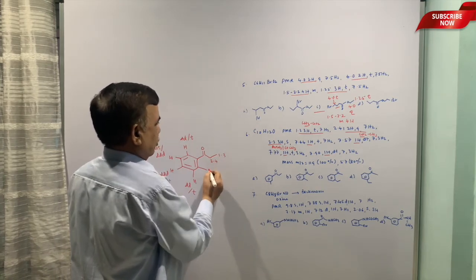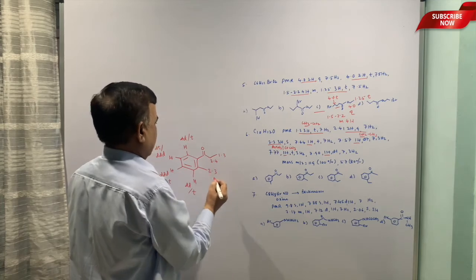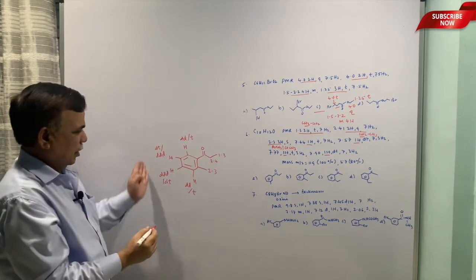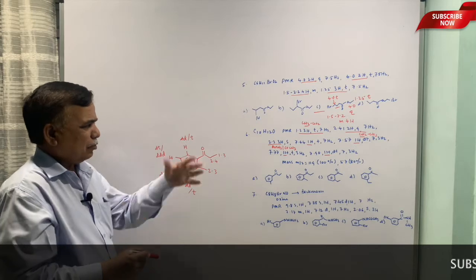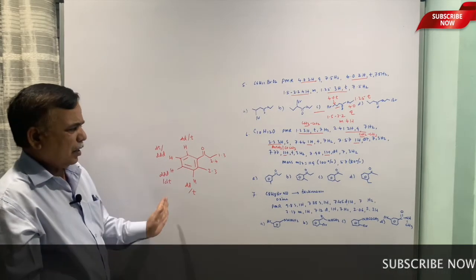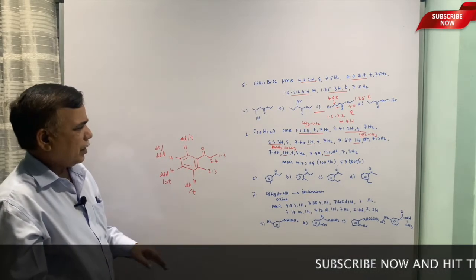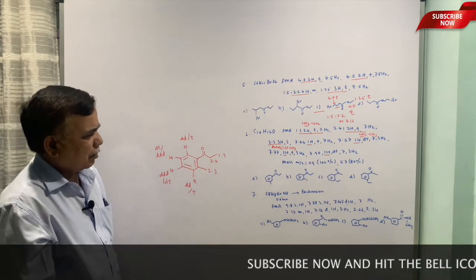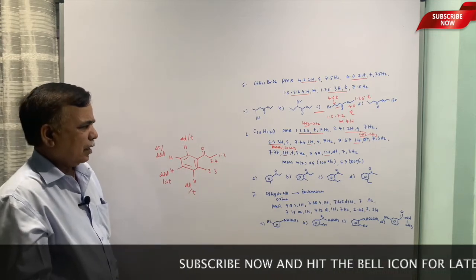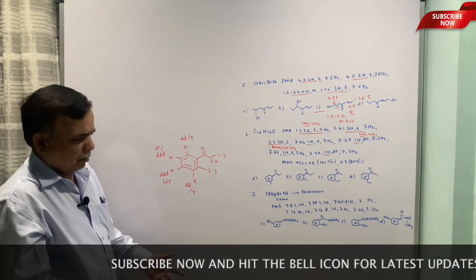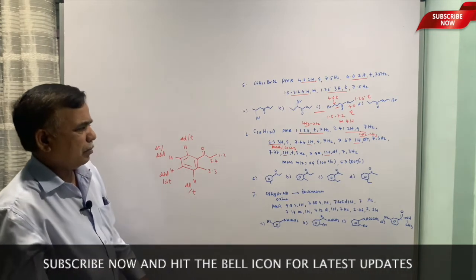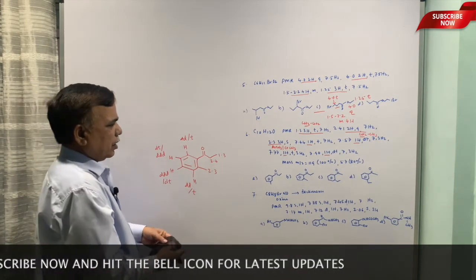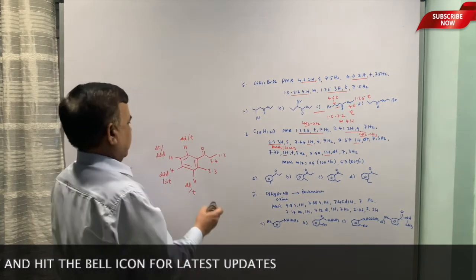That goes okay. This is 2.3, and the multiplicities are there. You don't have to assign the protons, but that is the structure we require. That is 2-methylpropiophenone. So that is structure B.